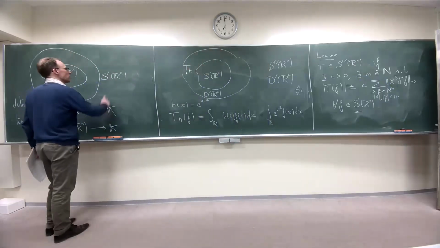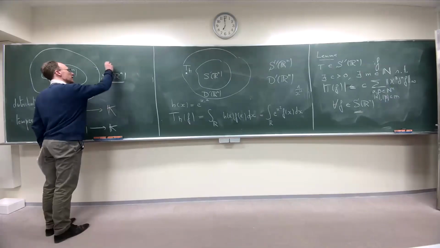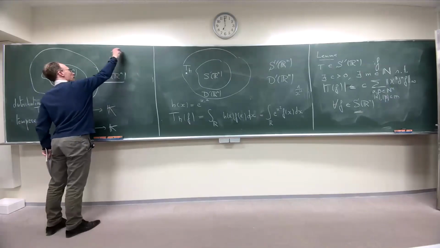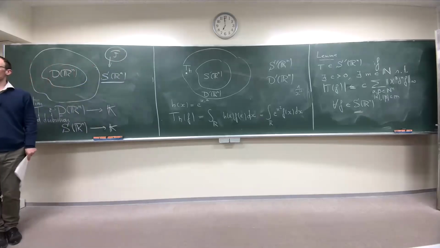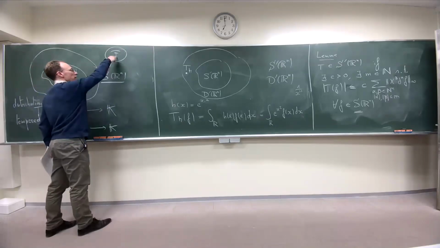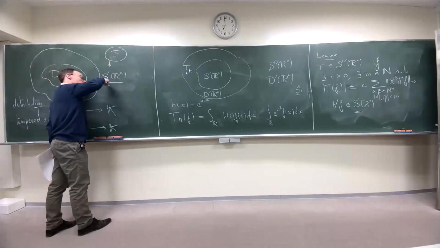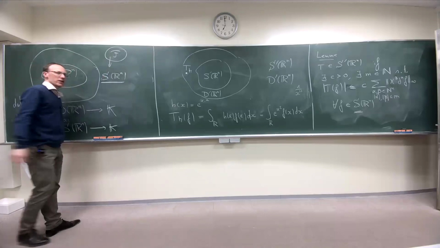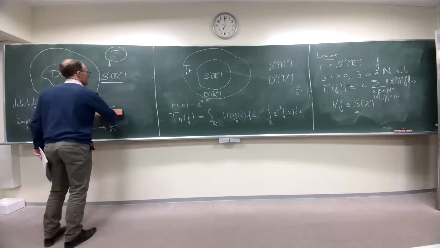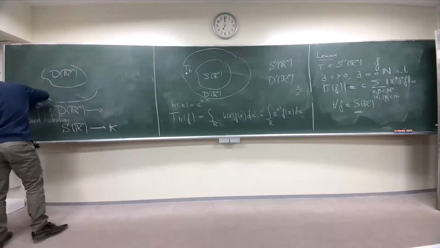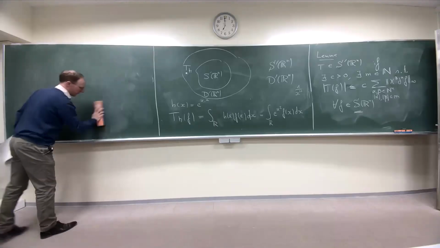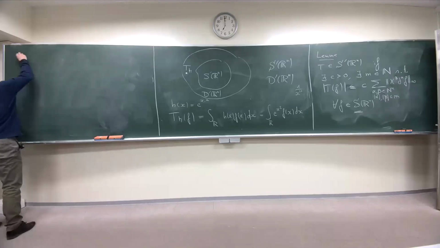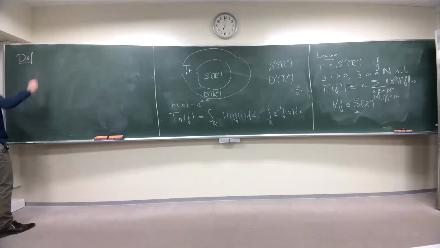Remember, I introduced this set for Fourier. My aim was to discuss the Fourier transform. And I already know that the Fourier transform of a Schwartz function is a Schwartz function. So now I'm going to use this information. This is the main definition of this section.